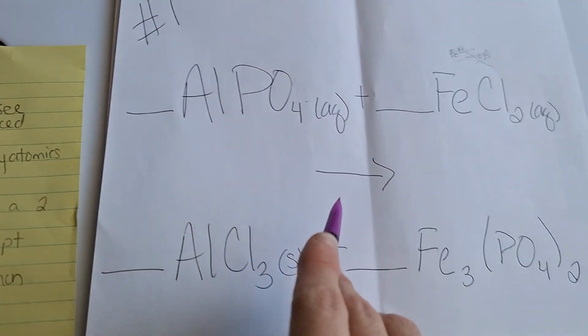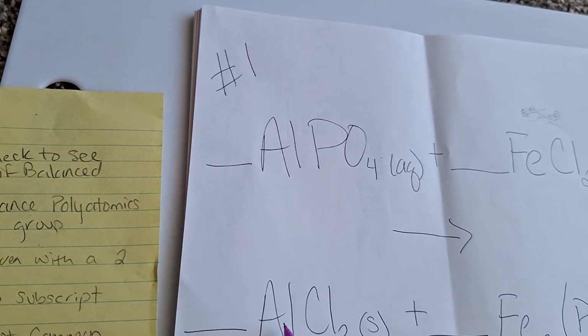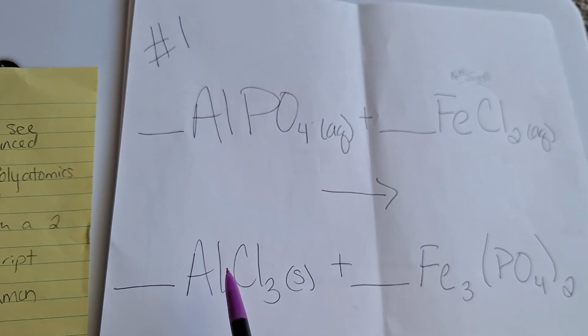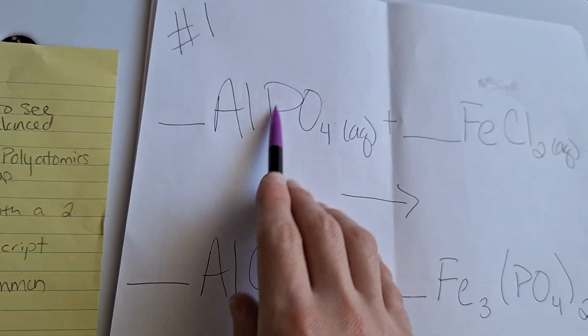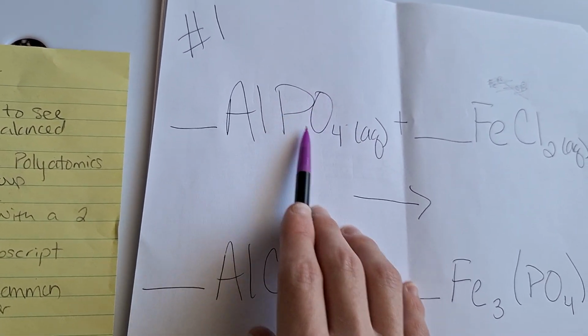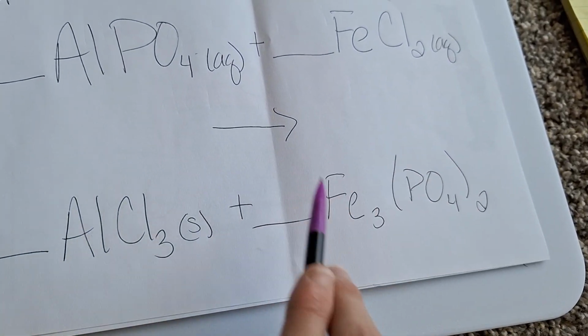So we have to first check to see if it's balanced. Here we have one aluminum, so the aluminums look balanced, but we can't just end there. Here we have one phosphate group, because that's a whole polyatomic ion, but over here we have 2, so it's not balanced.